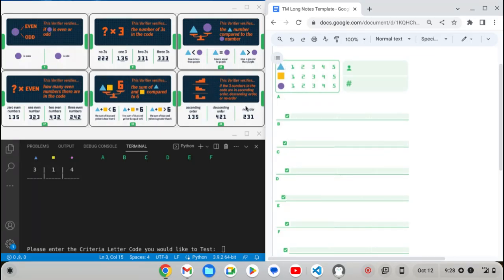So let's take a look at the example of 231. Notice that it goes from 2 to 3, so it increases, but then it goes from 3 to 1 and decreases. So it's that shift from increasing to decreasing, or in other examples, the opposite. That is one way to define a 3-digit solution to have no order.